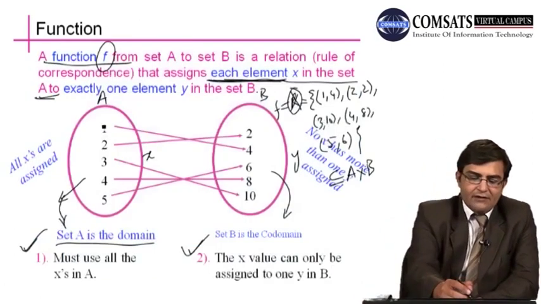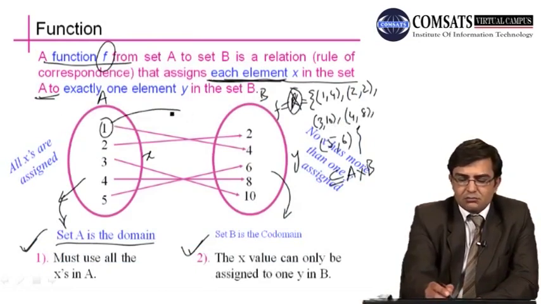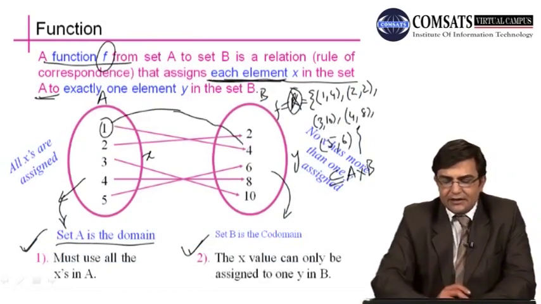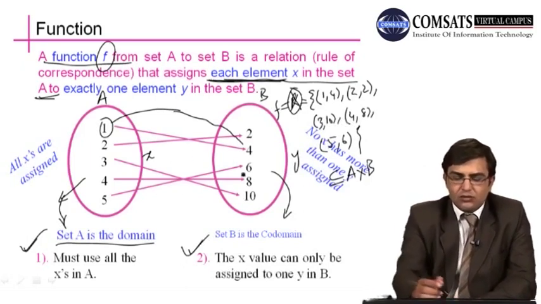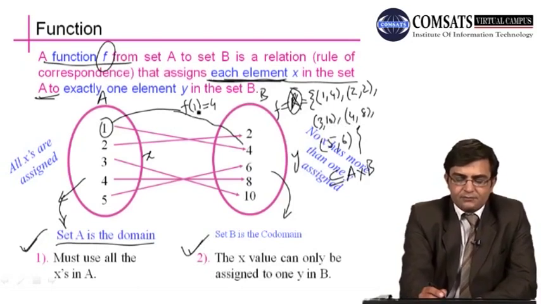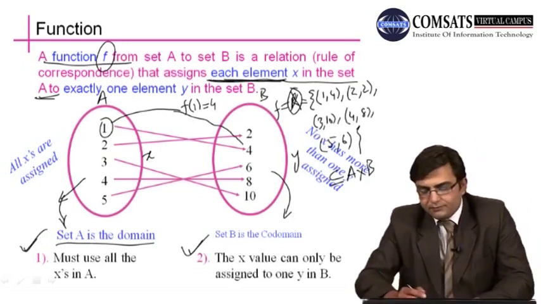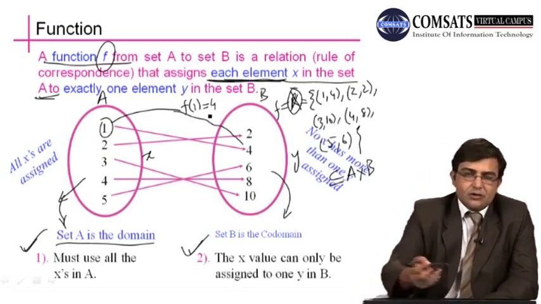If we have 1 here, F sends 1 to an element in B, so we can write it as F of 1, which is 4. F of 1 means F sends 1 to 4, or F of 1 is equal to 4.